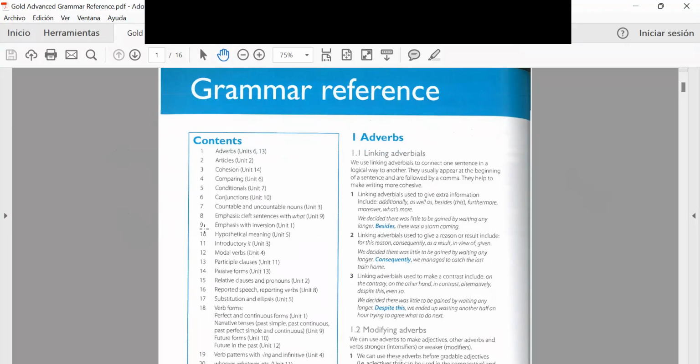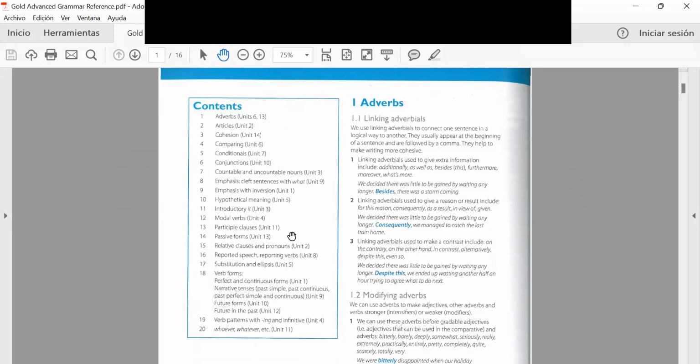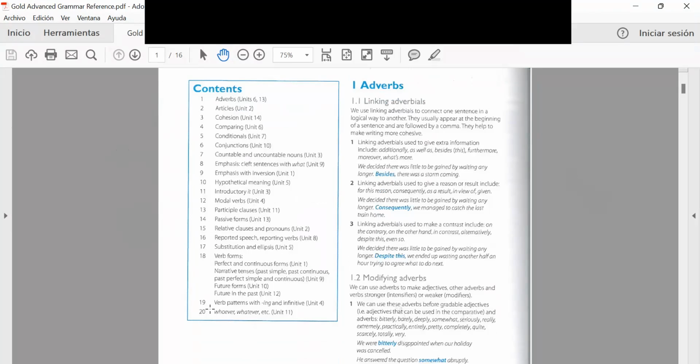Después tienes el punto 10, hypothetical meaning. Después tienes el punto 12, modal verbs. Ahí van 3. Después tienes el punto 17, substitution and ellipsis. El punto 19, verb patterns with ing and infinitive. Those are the 5 grammar points from test number 2.